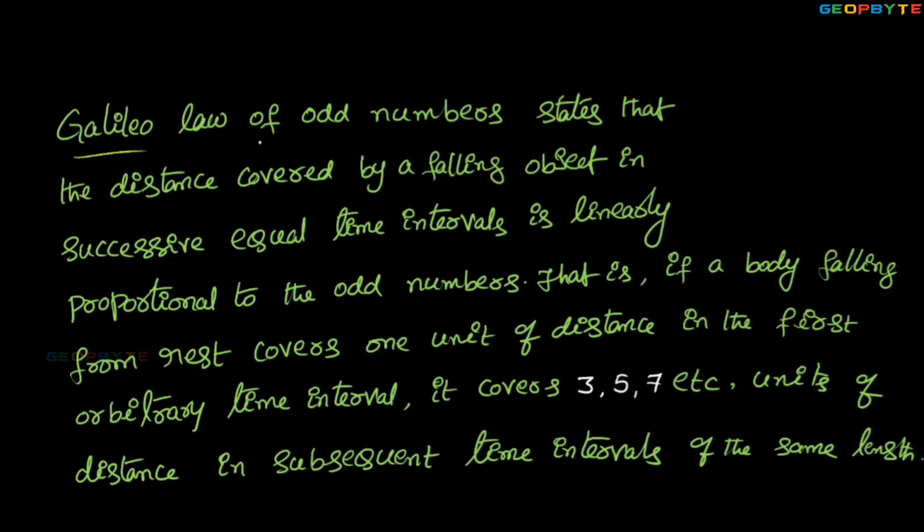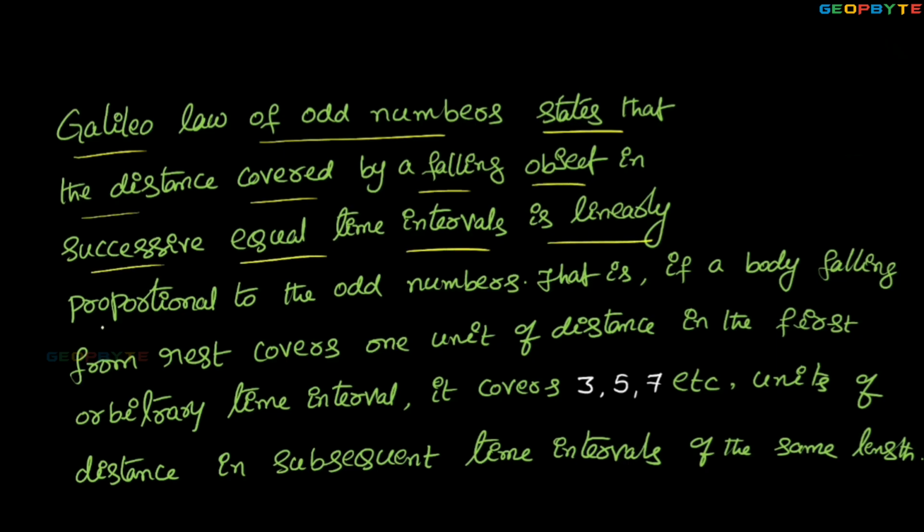Galileo's law of odd numbers states that the distance covered by a freely falling object in successive equal intervals of time is linearly proportional to the odd numbers.